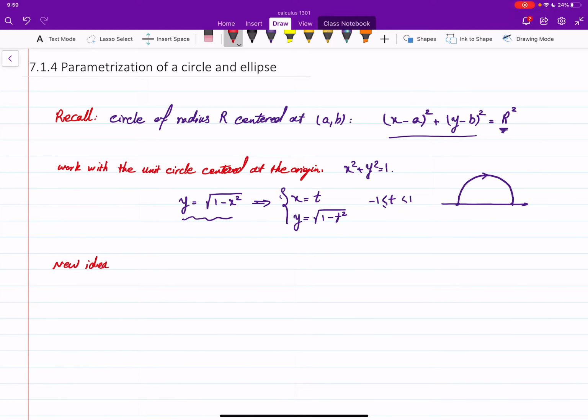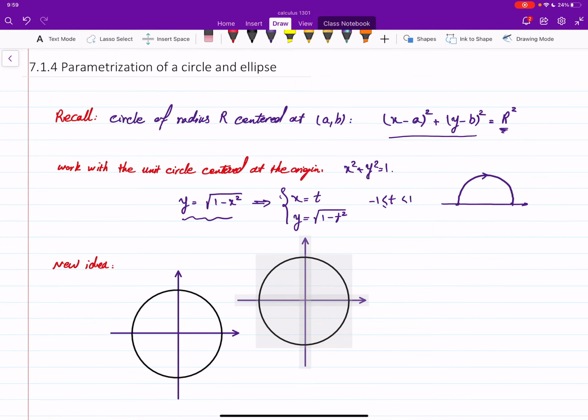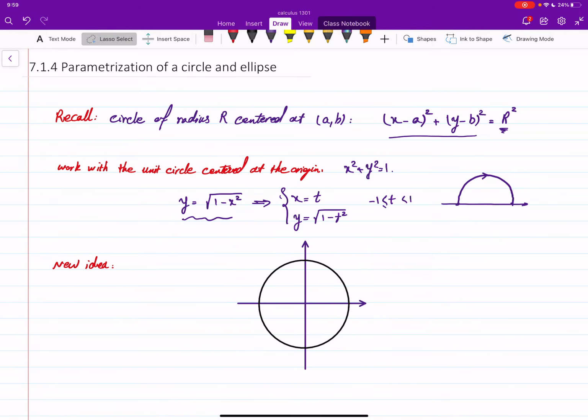Instead of parameterizing the circle by x, we can use another parameterization, and that is what we have been using: instead of working with the x-axis, you can go ahead and use the angle.